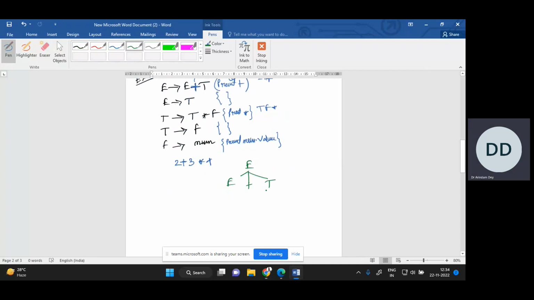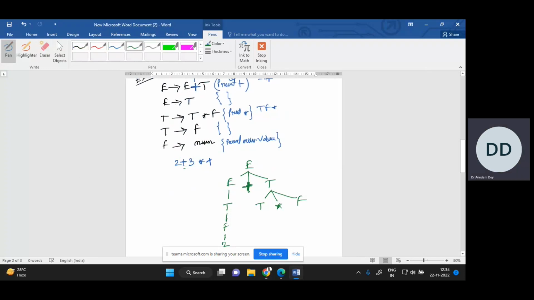Then this T is expanded to T star F, because I need the plus operator and the asterisk operator. So I have obtained plus and asterisk, and my task is now simplified. Now from E I can generate T, from T I can generate F, and from F I can put a value. So the value is 2.